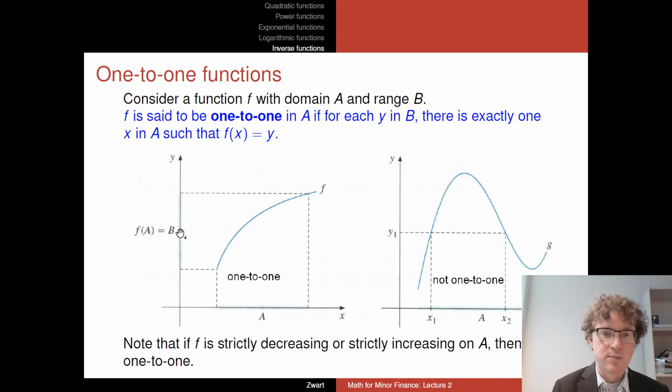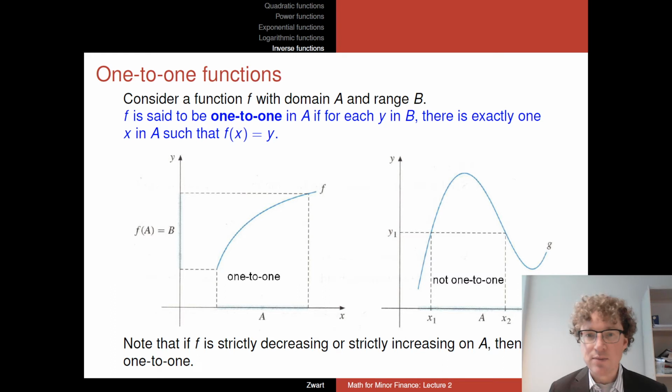The function on the left-hand side is indeed one-to-one. If I take one number on the y-axis inside the range, say this one, then there's just one single x which maps through this function from A to B. On the right-hand side, this function is not one-to-one, because suppose I take this value y1, which is in the range of this particular function g.